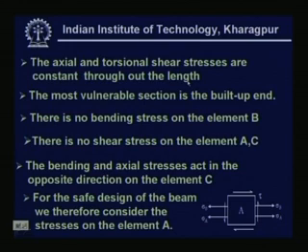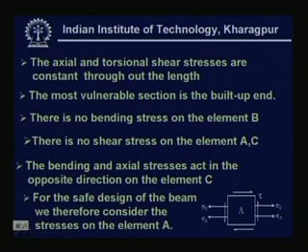The most vulnerable section is the built-up end, as already discussed, because we will always have the most bending moment at the built-up end. There is no bending stress on the element B. Why? Because the element B falls onto the neutral axis, therefore the fibers have neither tension nor compression.